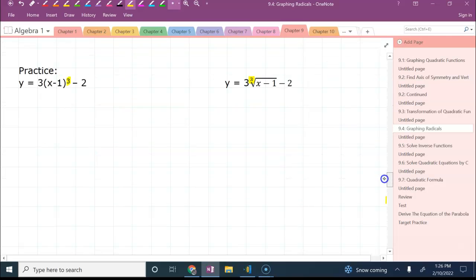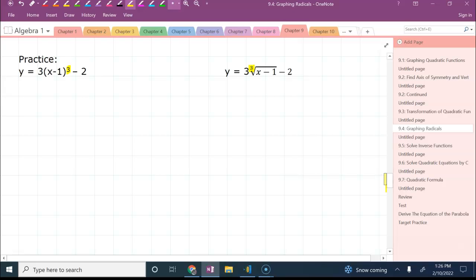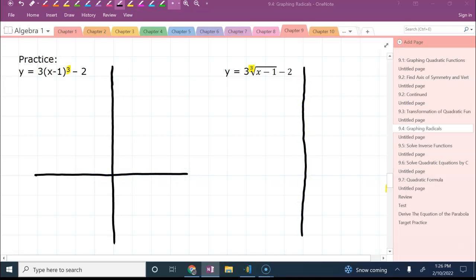So as far as the movement goes for the vertex, it's the same as those two up above. We have the 3, the 1, the 2. So moving the vertex is the same, and your stretch is going to be the same. It's just going to have a different shape to it now because of that 3 that they threw into the problem.